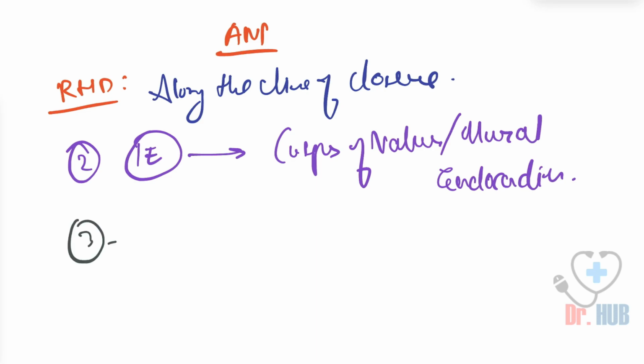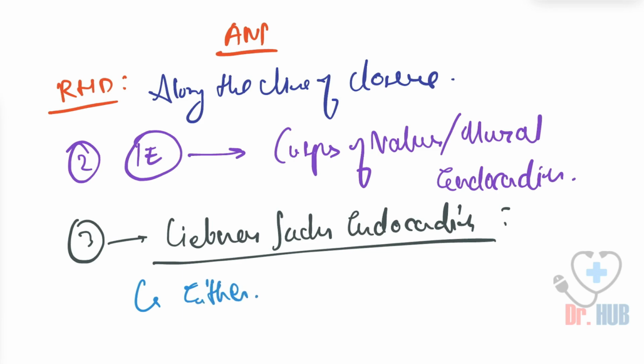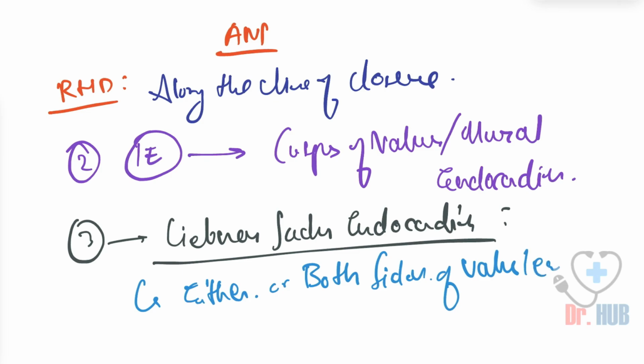The next question is, in case of Libman-Sachs endocarditis, what is the site? It is on either or both sides of the valve leaflets.